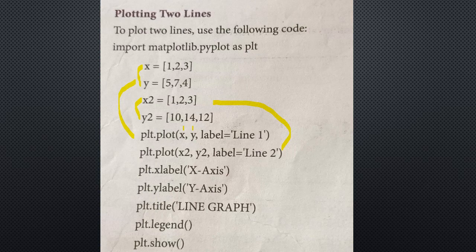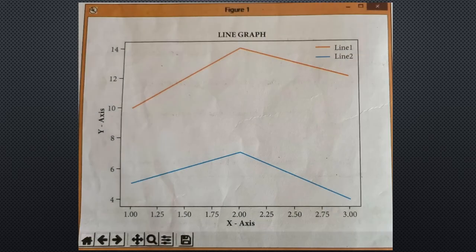The legend shows, at the top right side, the name of each line. If we give the color also, it will show. In this output I will show you. This is the legend, showing what colors we have.